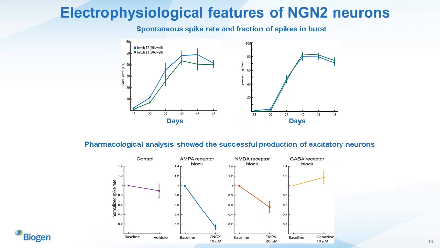We could not see a clear excitatory neuron marker expression profile, but we could confirm that NGN2 neurons have excitatory glutaminergic neuron properties by electrophysiology. Next, Doug will share his interesting findings from proteomics of NGN2 neurons.